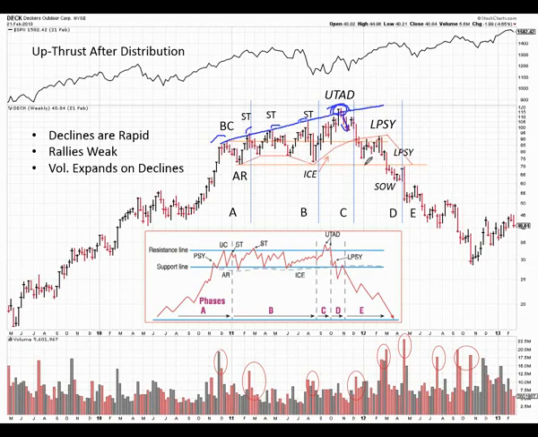And on this fall, if we're thinking distribution, we want to see the structural damage, and that would be the commitment below the support. And with that, we want to see the increase in the spread, and also we want to have some kind of supply signature that would confirm that movement to the downside. So those are the elements for us to look for in the distribution scenario.